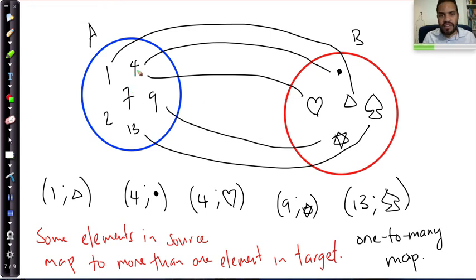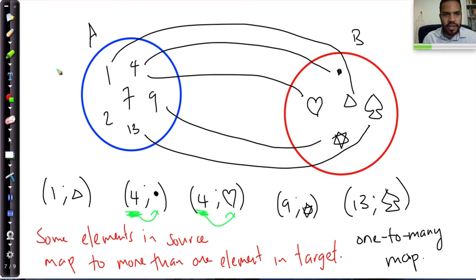Let's look at this carefully. 4 maps to both dot and it maps to heart. So the question you need to ask is, when I look at the source, set A, does every element there go to at most one element in B? And the answer is no, because 4 over here maps to both dot, and the same 4 maps to heart. So I can consider this thing over here to be not a function.